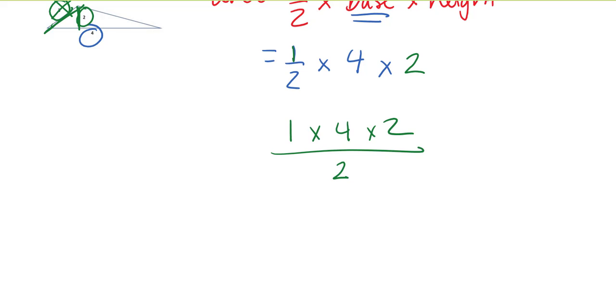So this actually can just cancel out to both just be 1, because 2 over 2 is just 1. So now we see it's a much simpler problem. So we have 1 times 4, which is just 4, and then times another 1 is just 4. So what does this equal? It's just 4. I'm going to put units squared.